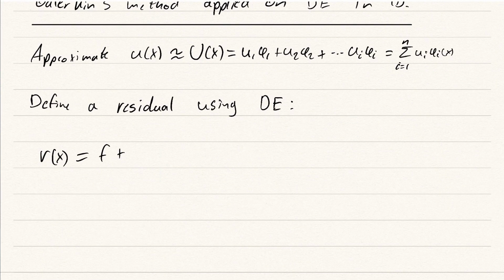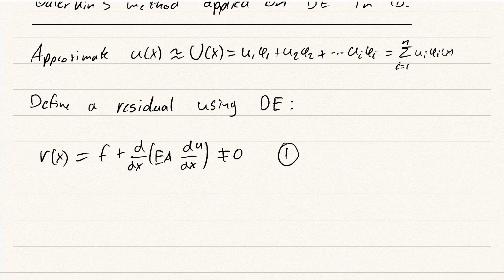So f plus d/dx of EA times du/dx. So this stuff is now not equal to 0. That's our first equation.